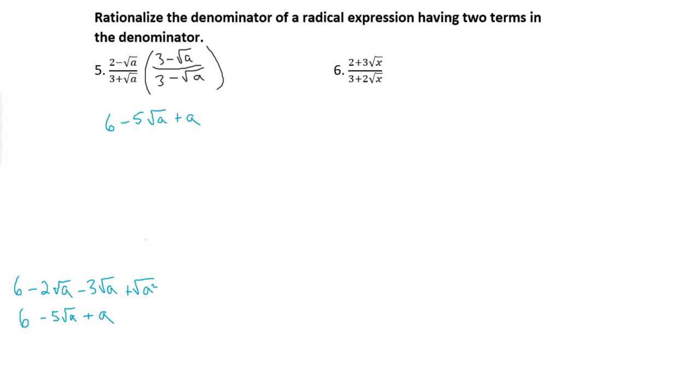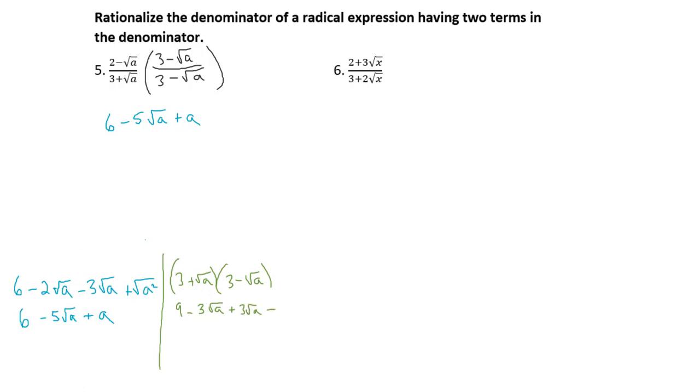All right, so let's do the denominators now. I'm going to rewrite it so we can see it all here: 3 plus square root of a times 3 minus square root of a. 3 times 3 is 9. 3 times negative square root of a is negative 3 square root of a. Square root of a times 3 would be plus 3 square root of a.